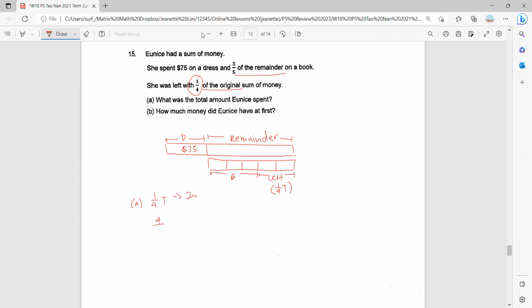So what is everything? 2 units times 4. So if the total here is 8 units, right? What is 75? The remainder is 1, 2, 3, 4, 5 units. So if the whole thing is 8 units, then $75 must be 3 units.